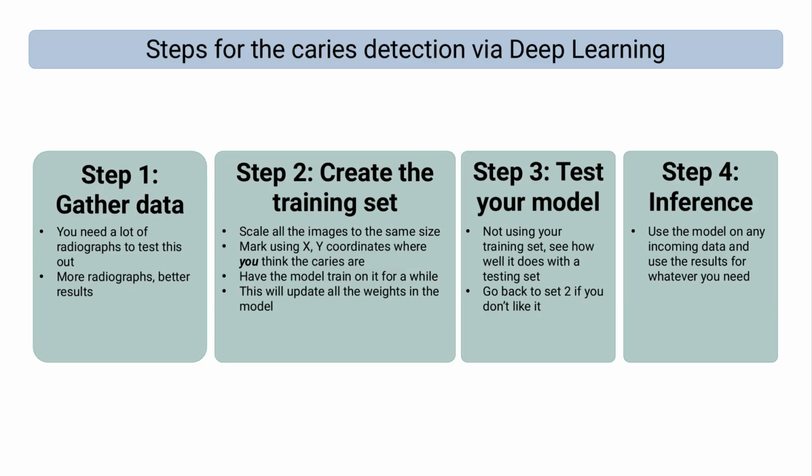Maybe some teeth are missing. And then you get to step 4, in which it is ready for production. And when I say production, ready for the real world. So that's the inference step, in which all you're doing is getting the bite wing or PA into your model and just getting the XY coordinates of where the caries are.